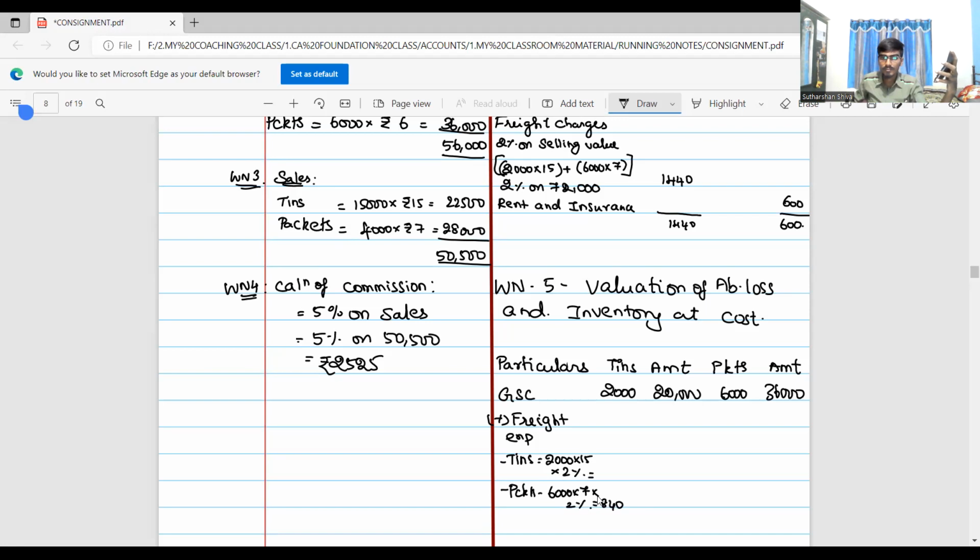For tins, 2,000 into 15 into 2%, you will get your answer 600. For tins, your answer will be 600.